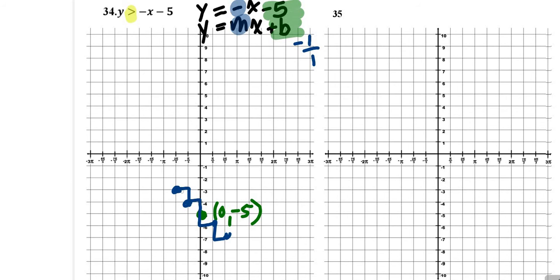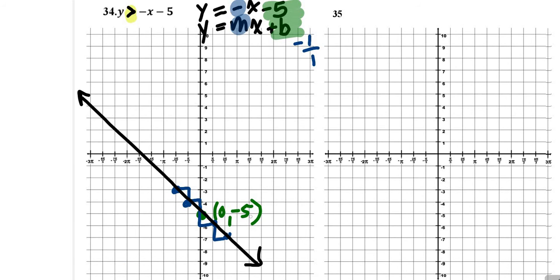Now when we draw this line, because it is greater than, technically it does not include this line I'm about to draw. So imagine if I drew this line like this, which is what you're used to doing. The problem is, because it's a solid line, that represents the whole concept of equal to.